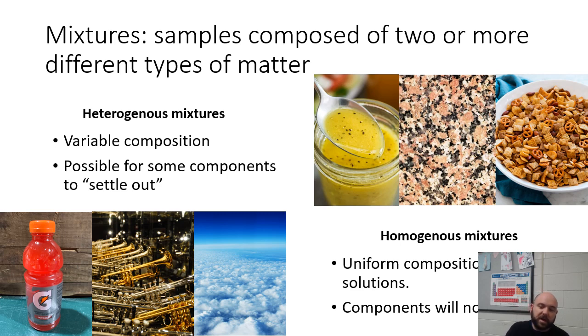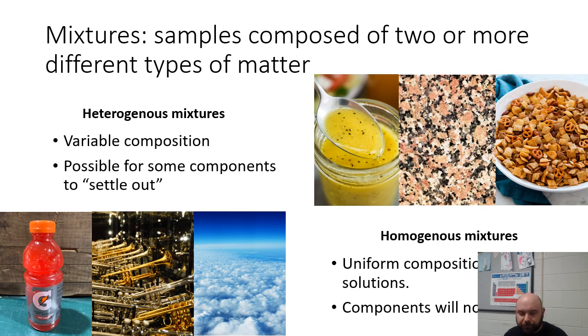On the reverse of that, we have homogeneous mixtures, which are uniform throughout, and generally they don't settle out of solution. A good example of that is our friend Red Gatorade there. He's a nice mixture of water, sugar, and red number 40 or red number 4 probably, with a few electrolytes and other flavors added in, but the main components of that guy are water, sugar, and red.